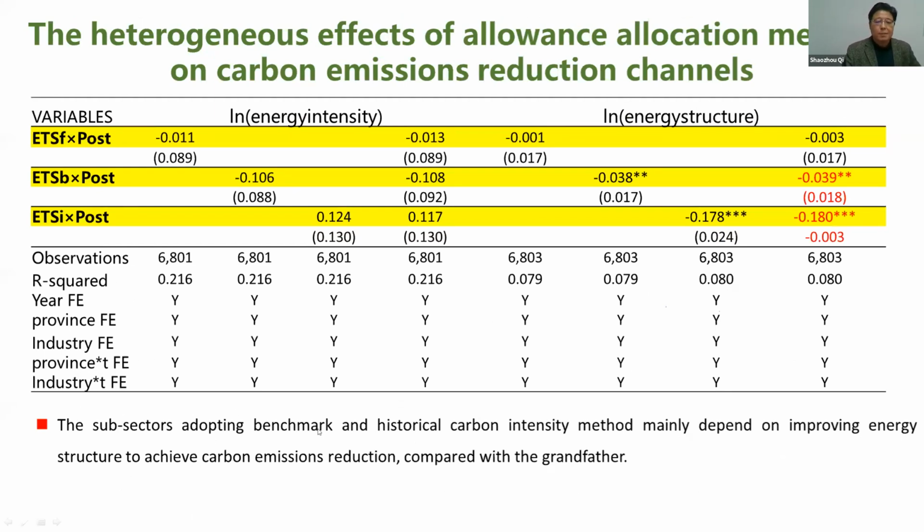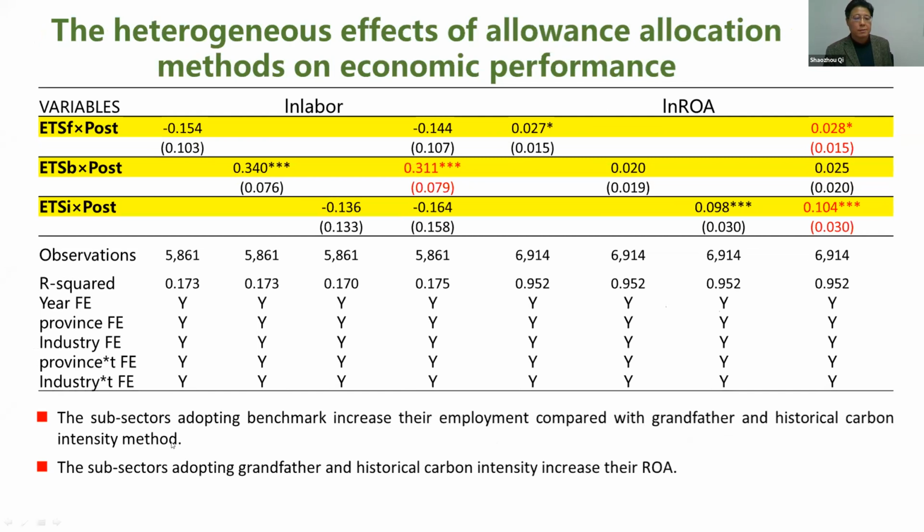The subsectors adopting benchmark and historical carbon intensity methods mainly depend on improving energy structure to achieve carbon emission reduction compared with the grandfather, in terms of reduction channels. And the subsectors adopting benchmark increase their employment compared with grandfather and historical carbon intensity methods.